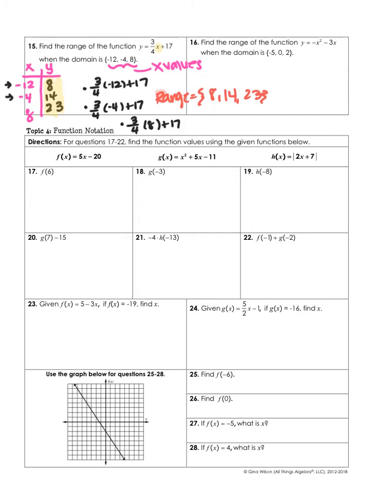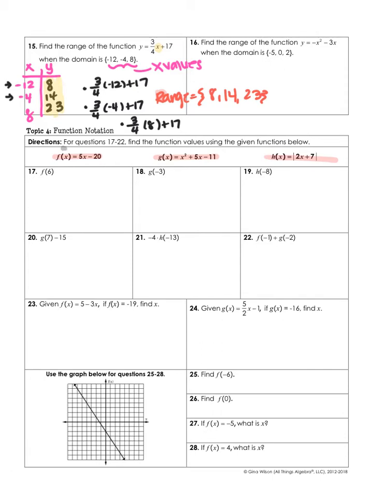All right, for topic 4, it says for questions 17 through 22, find the function values using the given function below. And they tell us that f of x is equal to 5x minus 20, g of x is x squared plus 5x minus 11, and h of x is the absolute value of 2x plus 7. So I'm going to go ahead and do number 17 with you.